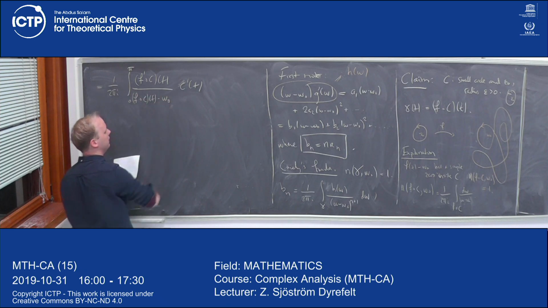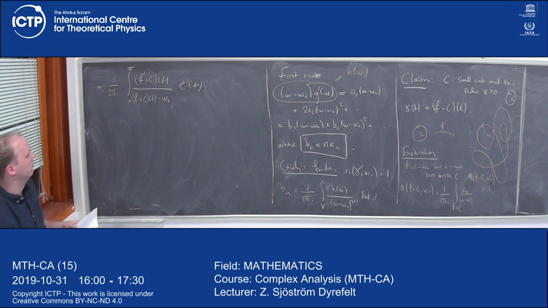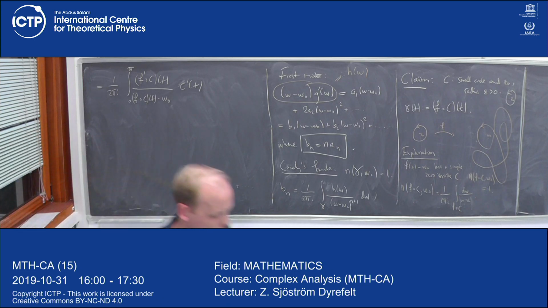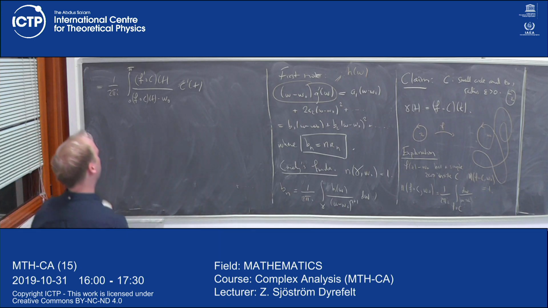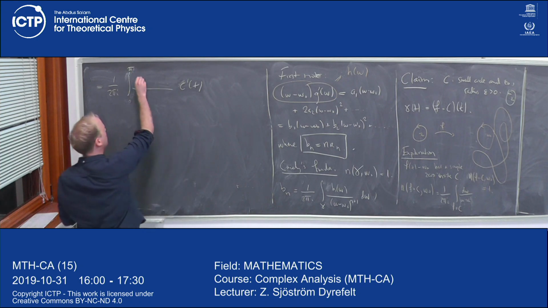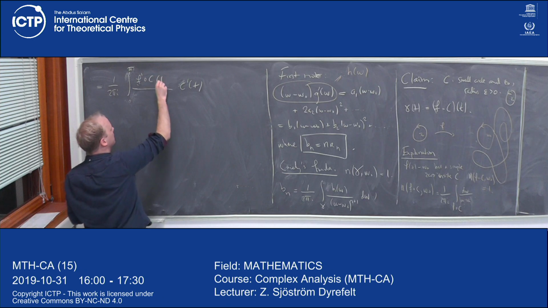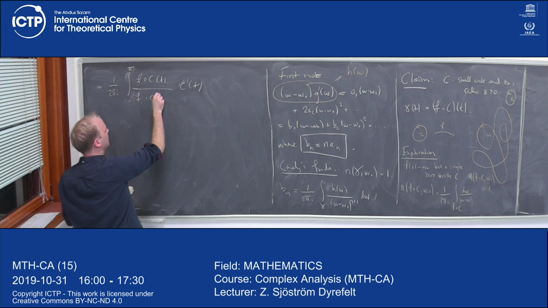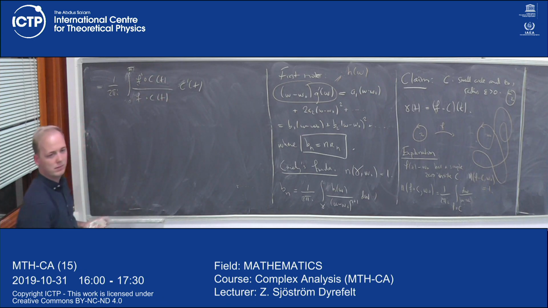Too many parentheses here, maybe. I feel like I should not write out the parentheses or it will be unbearable. So let me write it this way: f prime of c of t over f of c of t. This is better.